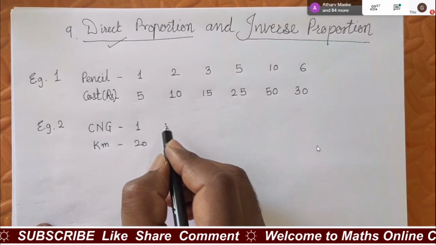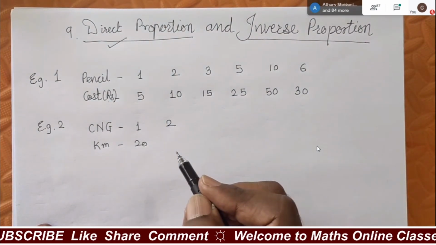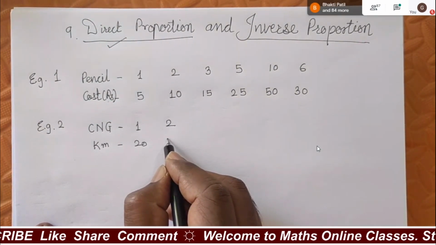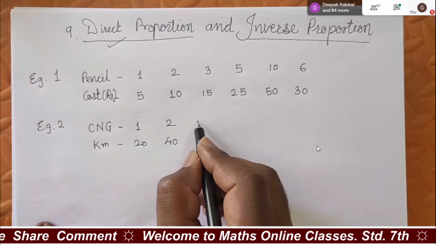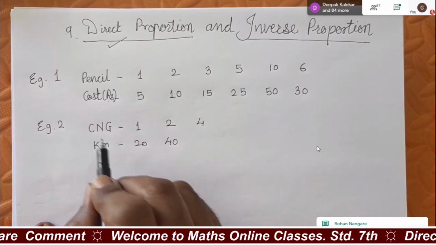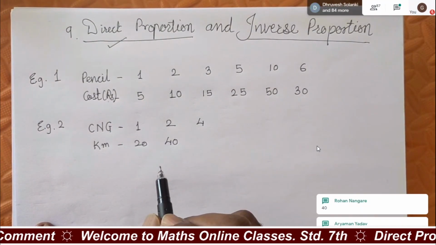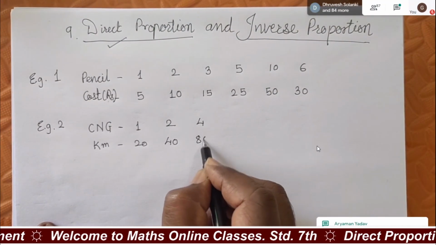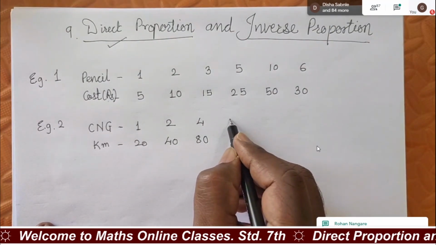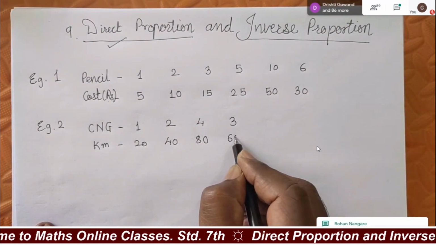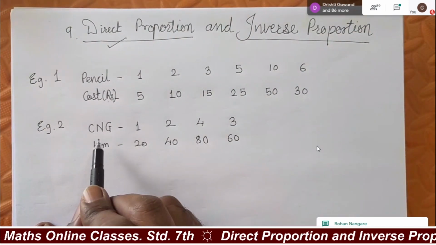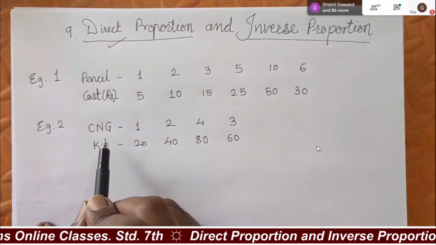Now if there is 2 kg of gas, how many kilometers will it travel? 40 kilometers. Correct. If I fill 4 kg of CNG gas in the car, then 80 kilometers. If I fill 3 kg of CNG gas, then 60. Correct. So this is the second example of direct proportion.